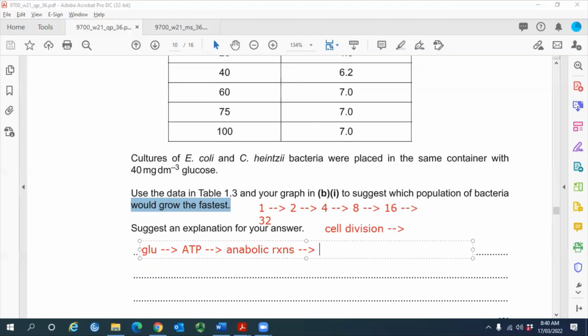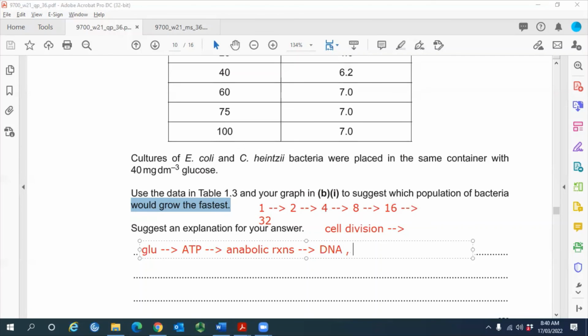Class? What do you need to synthesize? Akila? When the cell grows and divides, what do you need to synthesize? Do you need to replicate DNA or not? So you need to synthesize DNA, right?